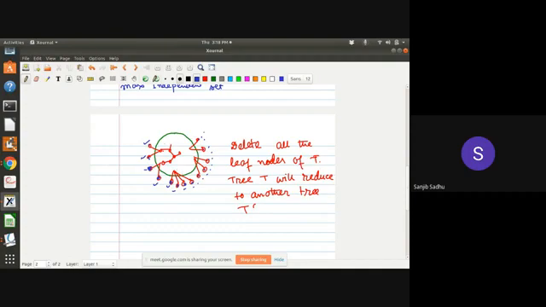Or you may not delete. I was just telling you to delete so that you can understand, or you can directly say that you don't need to delete. You just consider all the leaf nodes of the tree.